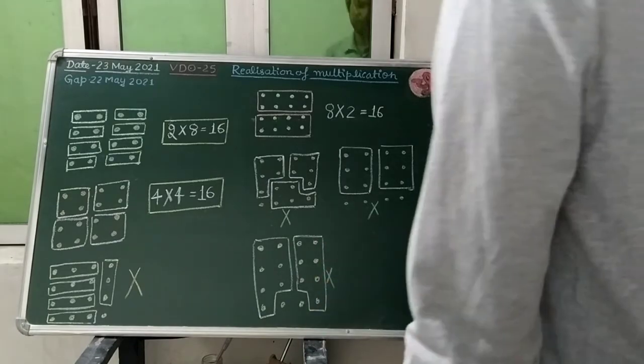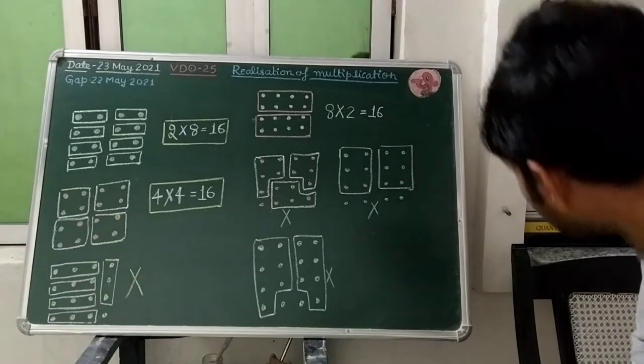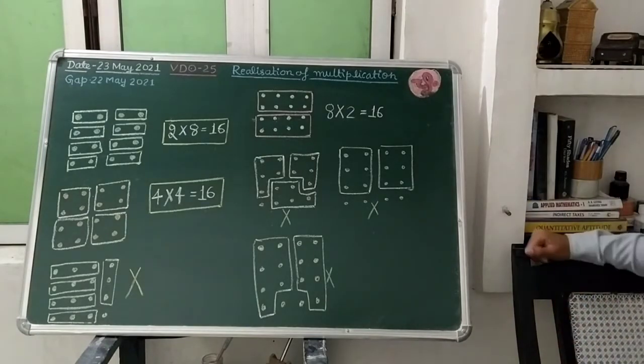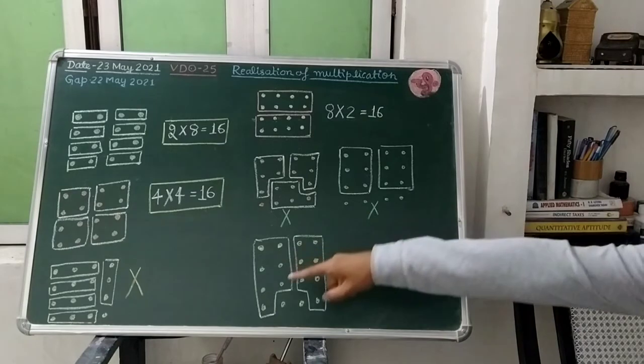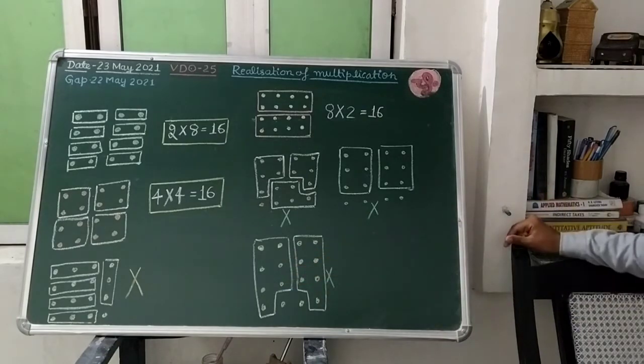So try to observe it, students, what I have said to you and what I have done here in this realization of multiplication. We had seen that when we are grouping them in pairs, we are getting 8 groups, so that is okay. We had grouped all the dots in pairs. And when we talk about the bottommost group of 3 dots, all the dots will not be grouped, one dot will be left, so we will not talk about that.